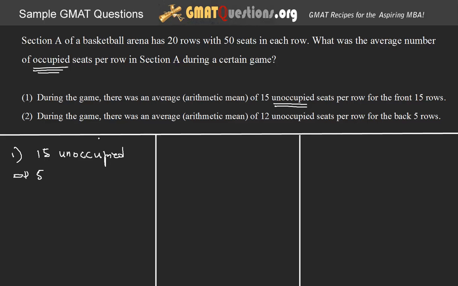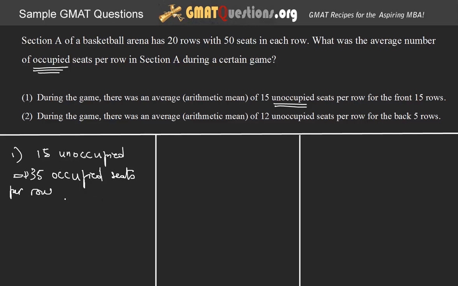Is it 5? No. There are 50 seats here. So let's be careful. So it's actually 35 occupied seats per row. Now this is for the first 15 rows, the front 15 rows.